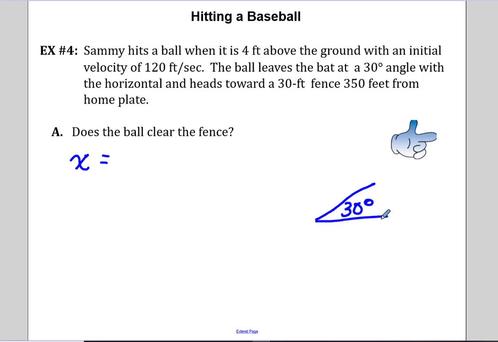So I've got that the x value is cosine, so x is 120 cosine 30 degrees times t.